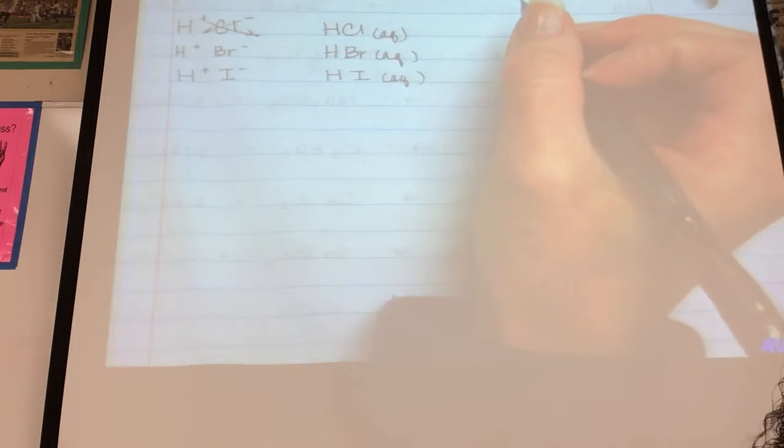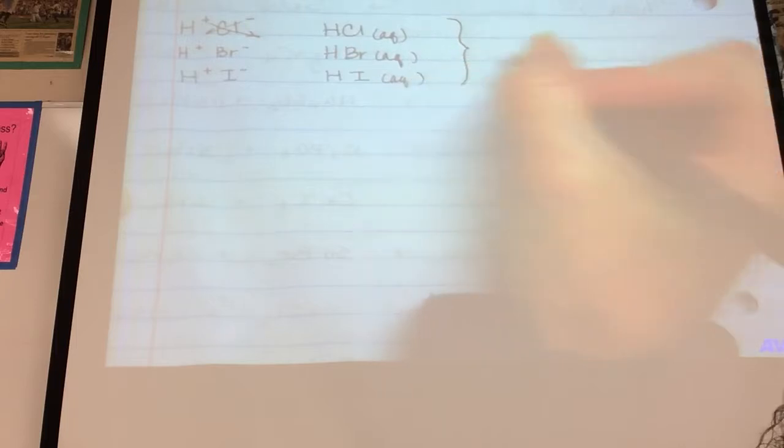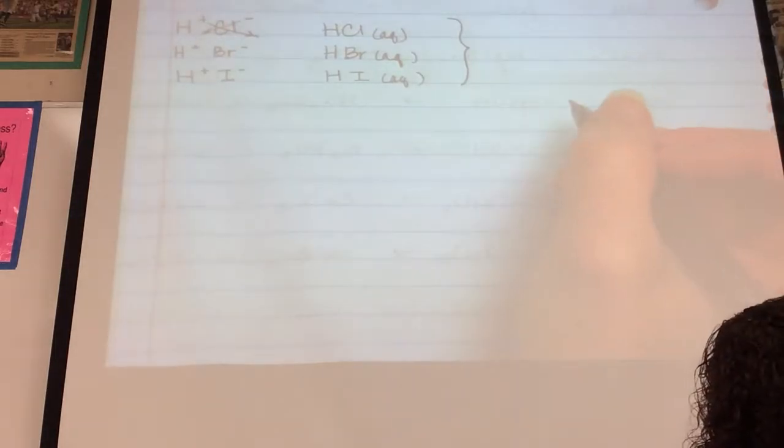A strong acid ionizes completely. Of the 8 strong acids, 3 of them are binary. And these are the 3 binary acids that are strong acids. So that's a point I wanted to make.